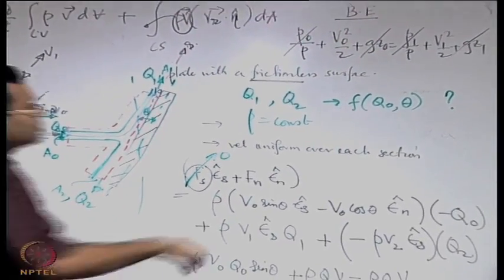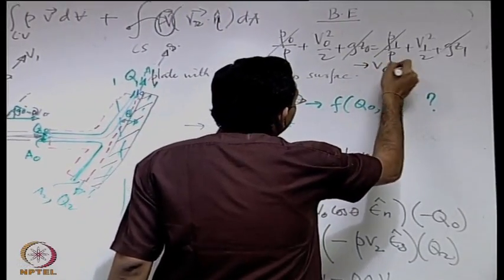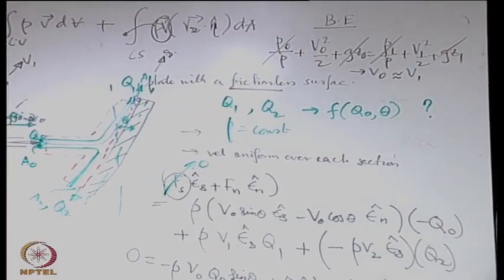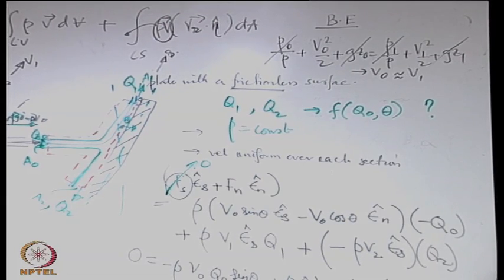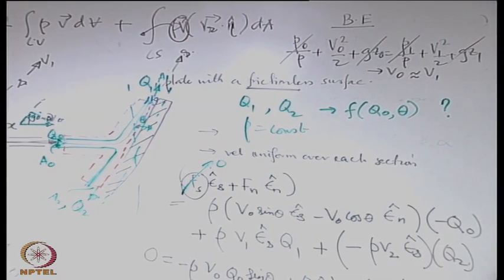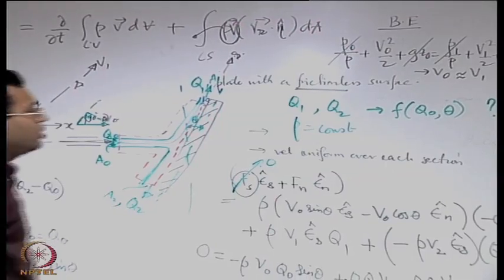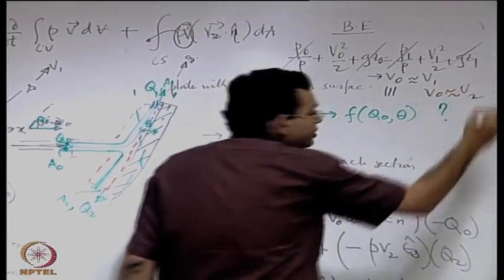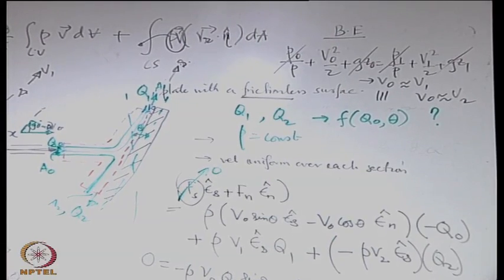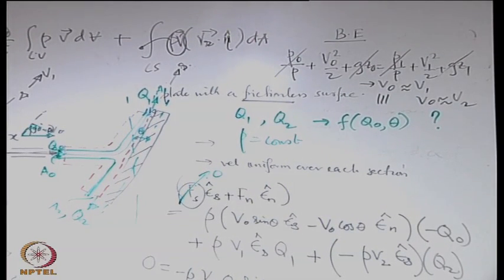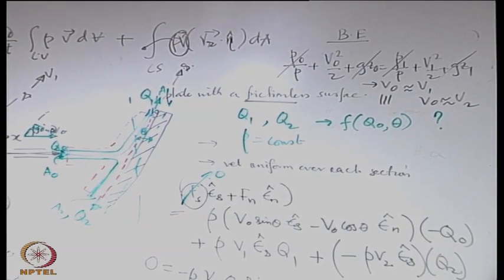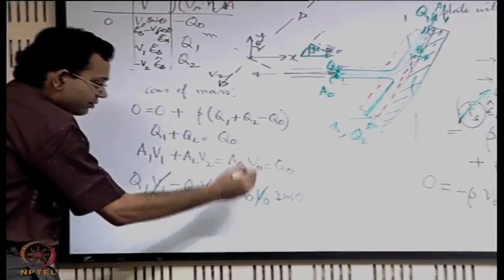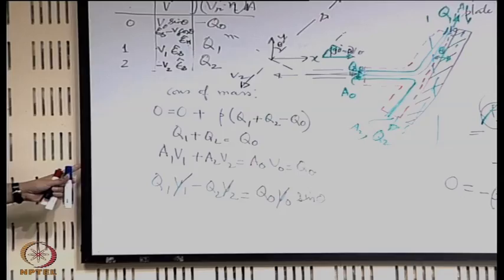So from this we can conclude that at least in an approximate sense V0 is the same as V1, and with a similar consideration you can say V0 is approximately the same as V2. So in this expression where you have V1, V2 and V0, you can cancel that from both sides.